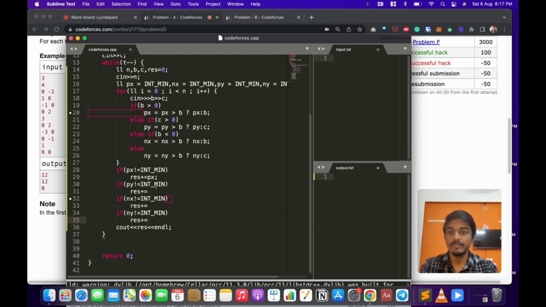Yeah, so everything is two times. Irrespective of whether it's covered or not, it should be two times. Plus equal to 2 into px, 2 into py. This is 2 into nx, and this is 2 into ny. We have to put the tradition, that is semicolon. I guess that's it, but I'm not sure.